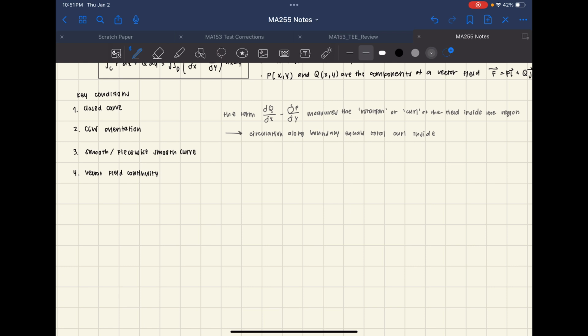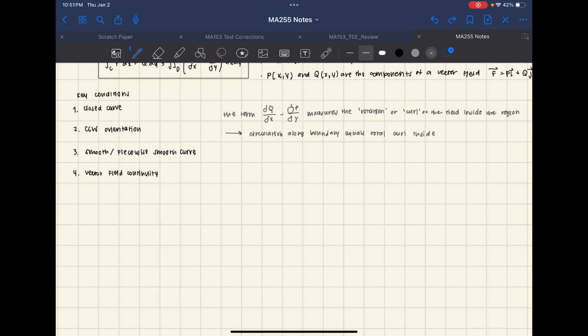We're going to look at a few examples in a second, but also special notes on orientation. When you have it counterclockwise, the result of the integral is positive, and if you have it clockwise, the result will be negative. So it's important to pay attention to the direction to avoid sign errors.